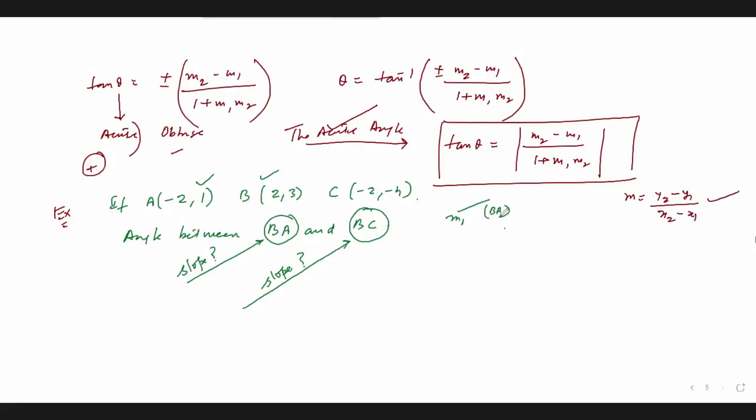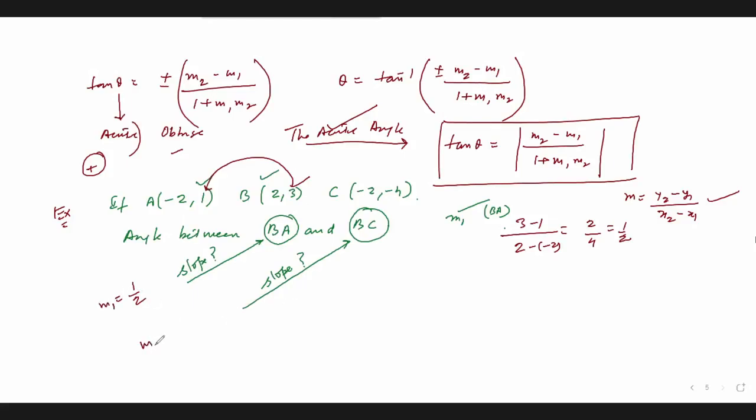For the slope of BA, I take 3 minus 1, this is y2 minus y1, divided by 2 minus of minus 2. That means 2 by 4, which is 1 by 2. So the slope of line BA came 1 by 2. This is my M1.